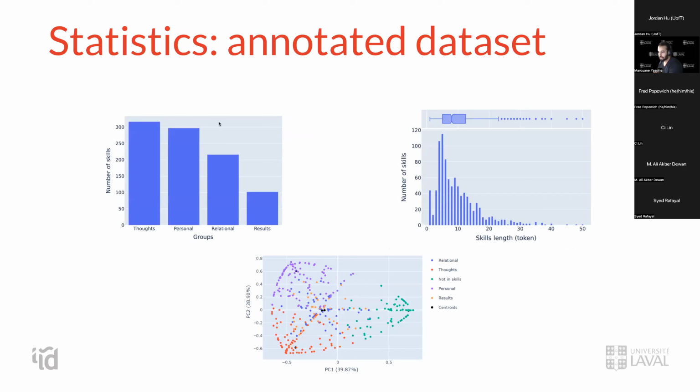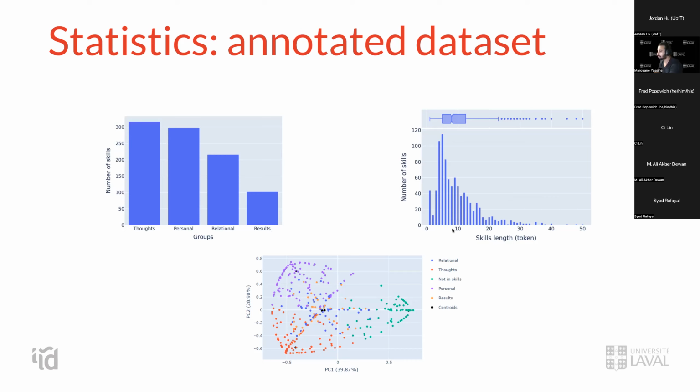As you can see here, we have the number of data samples per different skill. We have quite an imbalanced data set, with the thoughts and personal skills dominating and the relational and results coming last, especially the results.